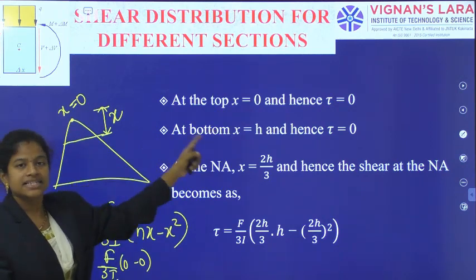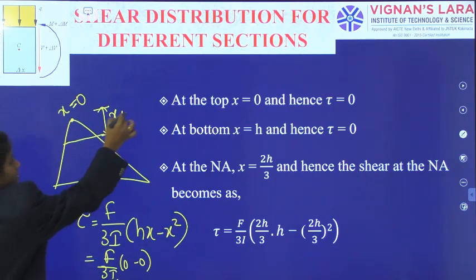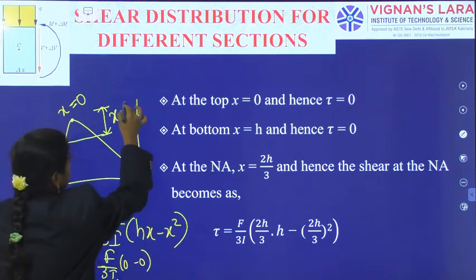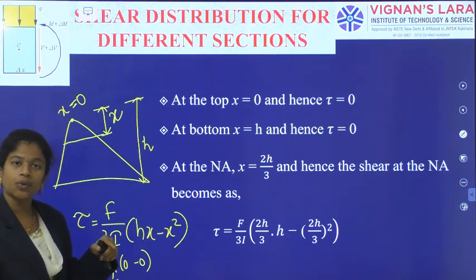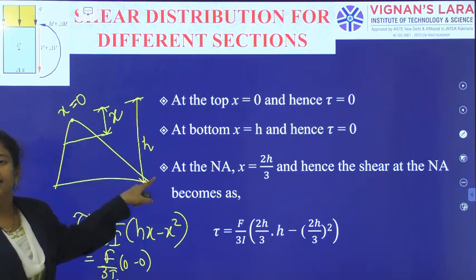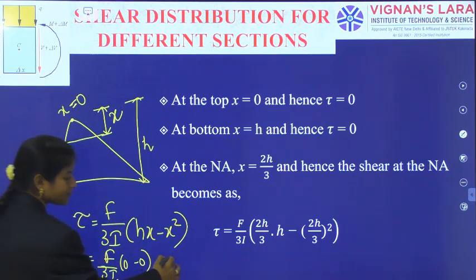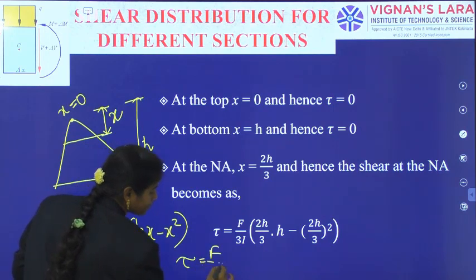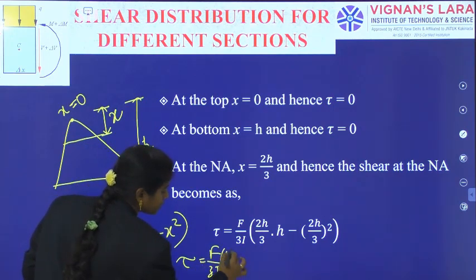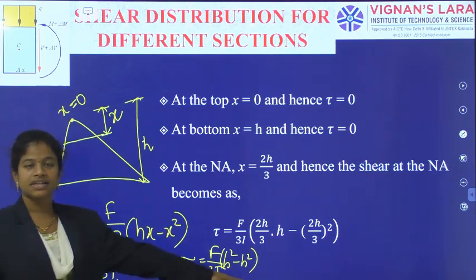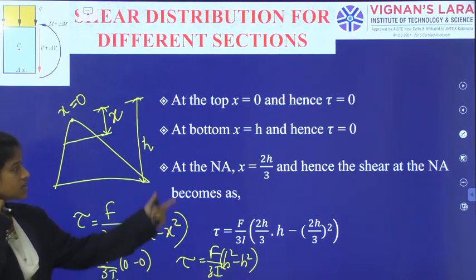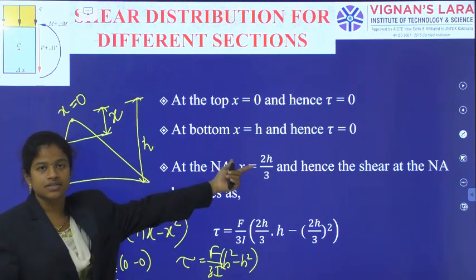Now, when x is equal to h, that is, when I reach the base measured from the top, x becomes h. So when we substitute h, tau is equal to F by 3I into (h square minus h square), that is equal to 0. So at the bottom, at x equal to h, tau is equal to 0.